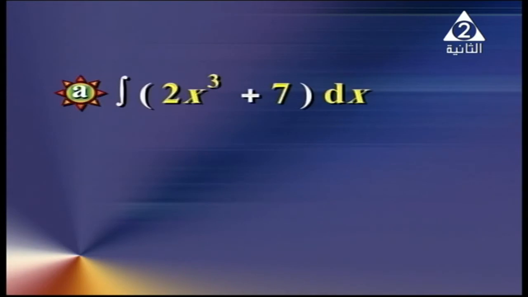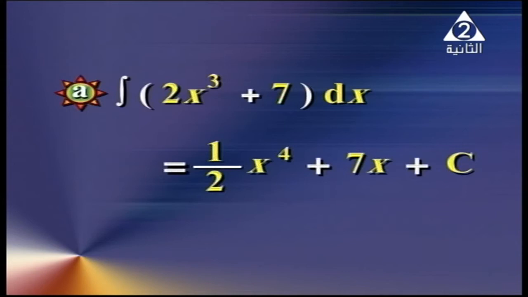Excellent student. Integration of the constant is 7x plus c. Then answer is half x power 4 plus 7x plus c. Why? Because 2x power 3, its integration, x power 4 over 4 multiply 2.